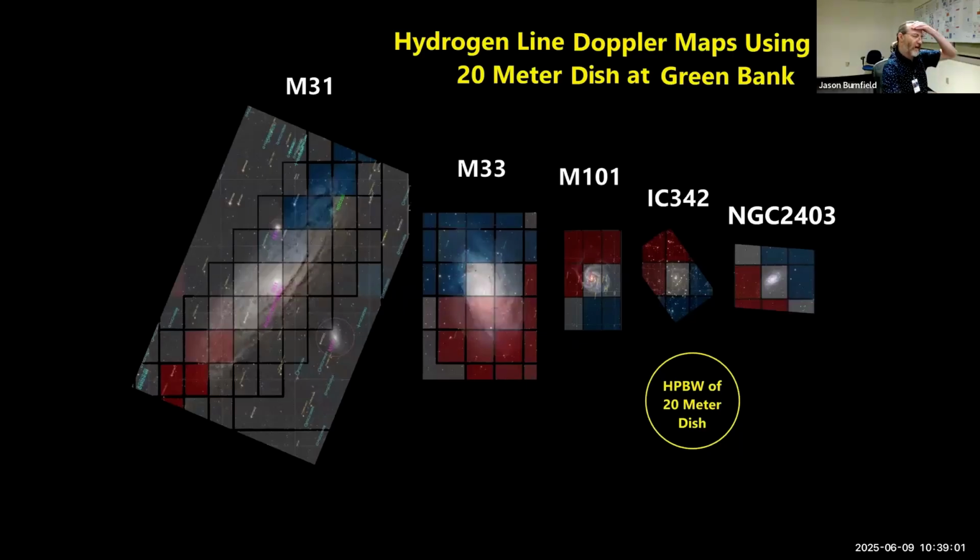And I represented the half power beam width of the 20-meter dish there, so you can kind of see, as optical astrophotographers have mentioned, you can get spatial resolution within the beam width of the antenna simply because it's not uniform.